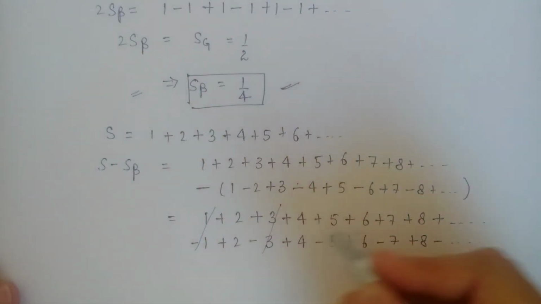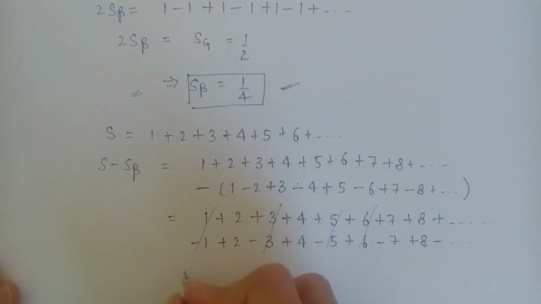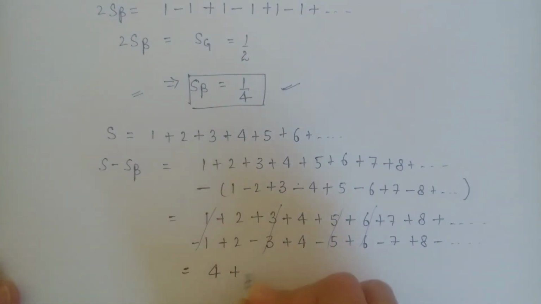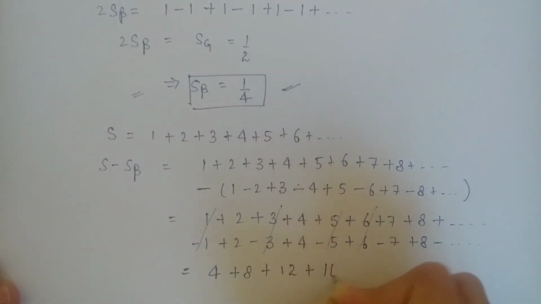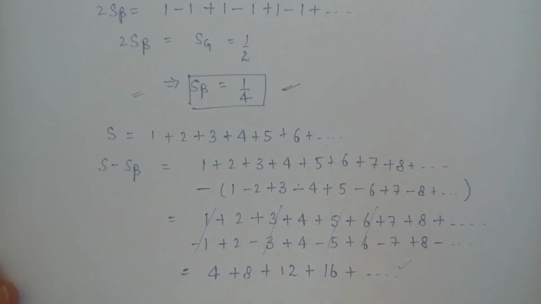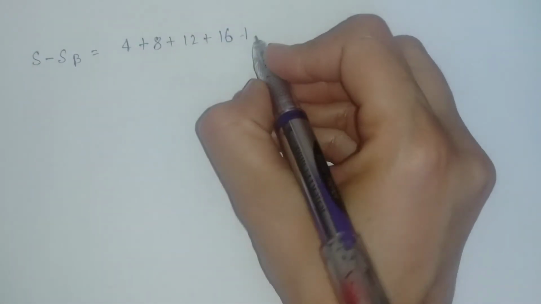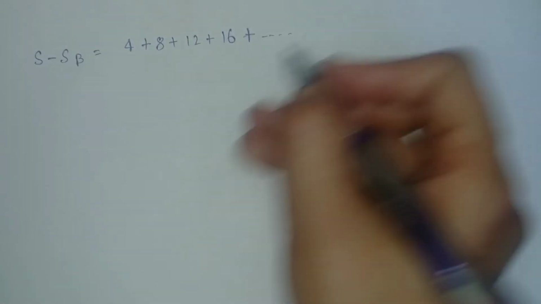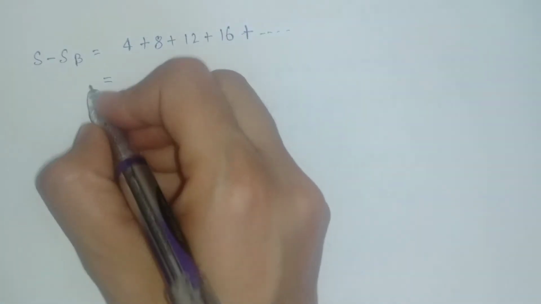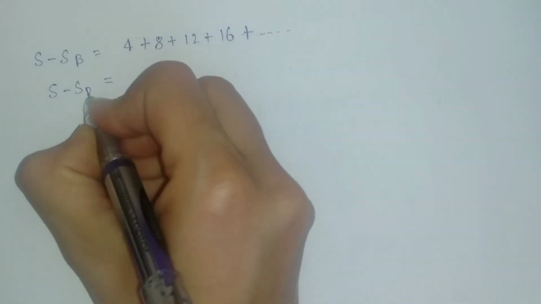Now if you see, the odd numbers are getting cancelled and I am left with 2 plus 2 is 4, 4 plus 4 is 8, and 12 and 16. So this is something we have started with. I mean, S minus S beta is nothing but 4 times 1 plus 2 plus 3 plus 4.